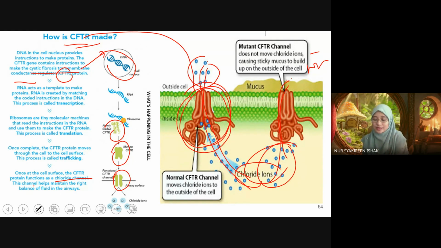When it cannot function, the channel cannot move chloride ion outside, and causes mucus to become very thick because there's no chloride ion, and that condition cannot attract water molecules, causing mucus to thicken up.